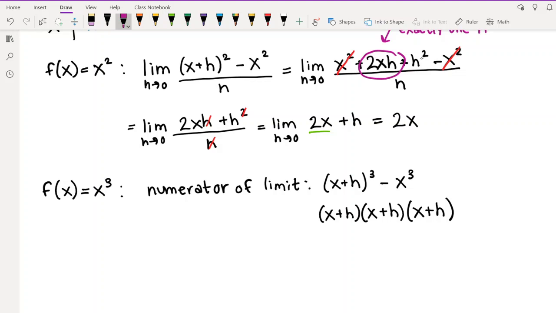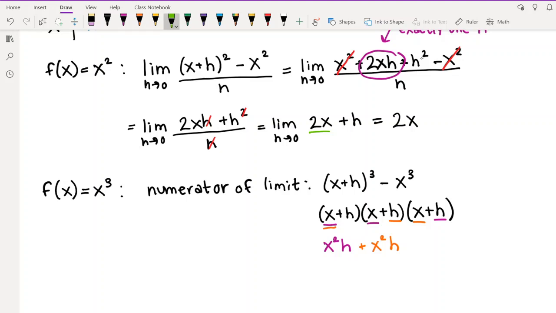One way we could do that is x times x times h, so that would give us x squared h. There's another way we could do it: x times h times x. That would give us another x squared times h, because you have two x's and an h.